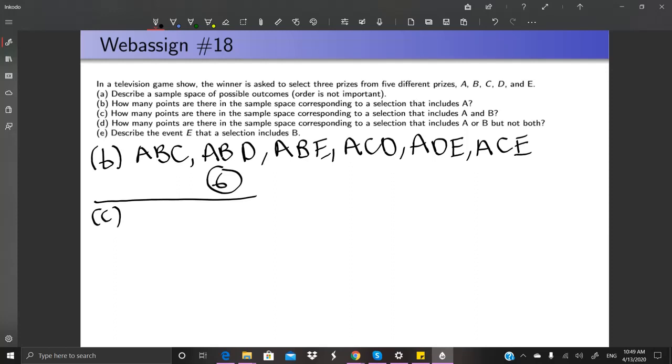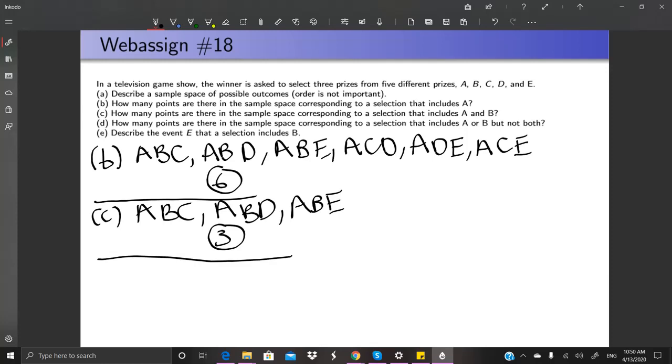So that will be the first 3, as you can see: A, B, C, A, B, D, and A, B, E. These are all the sample points that include the letters A and B at the same time, right? So there will be 3 of those. So that's the answer to part C.